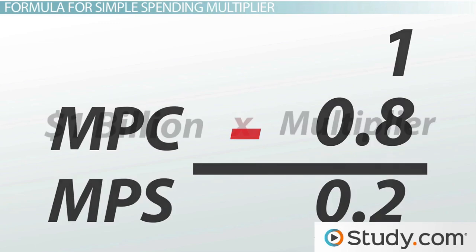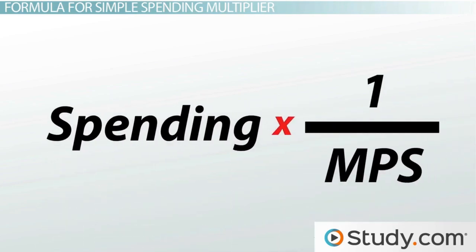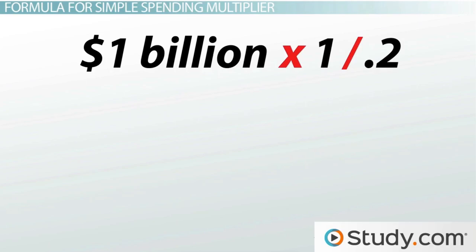Now we take the additional spending of $1 billion and multiply it by the multiplier, like this. Spending times 1 over the MPS, which would equal $1 billion times 1 over 0.2. And we know that 1 divided by 0.2 is the same as 5.